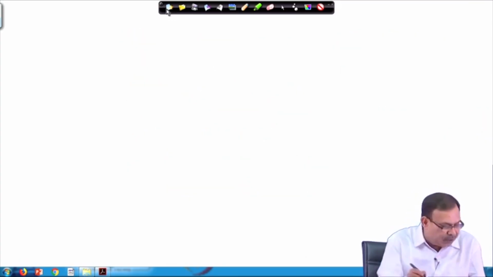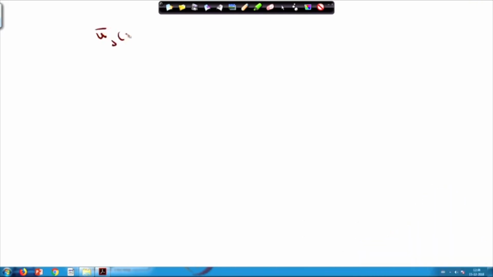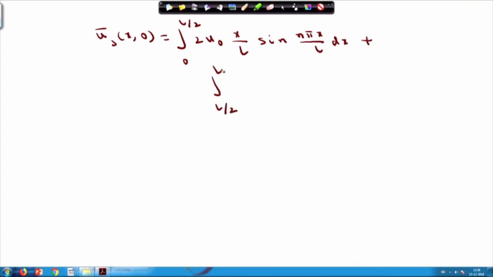So, if I substitute it, I will obtain u bar s x 0 equals integral 0 to L by 2 twice u 0 into x by L into sin n pi x by L dx plus integral L by 2 to L twice u 0 into 1 minus x by L into sin of n pi x by L dx.